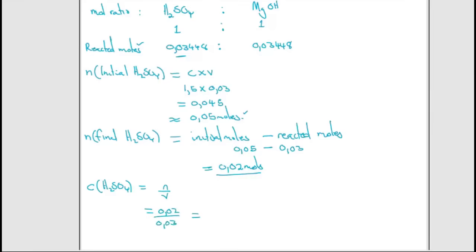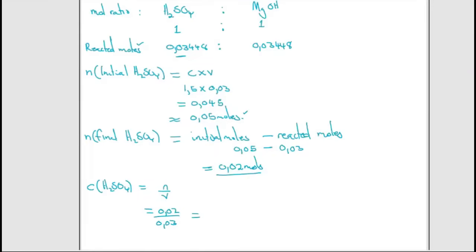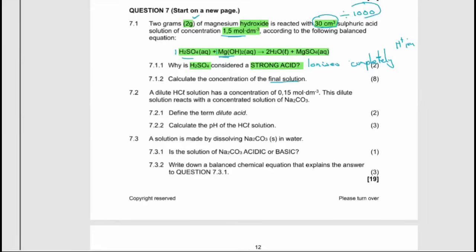Remember, we're given the volume as 30, therefore we converted it to dm cubed at the top when we divided by 1,000. If we do the math, we're going to get a value of 0.6767 mole per dm cubed. So this is the final concentration. Our answer there should be 0.6767 mole per dm cubed.